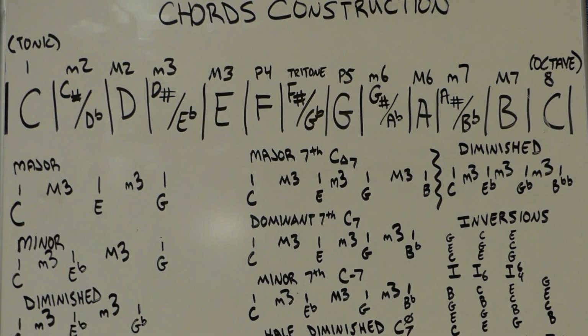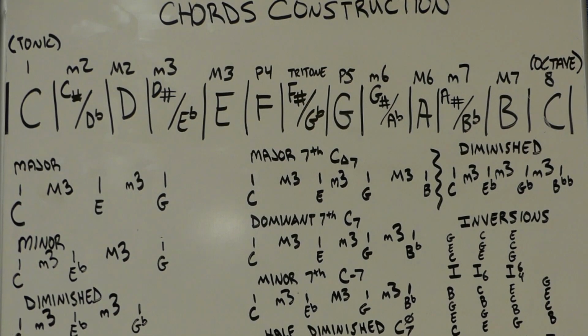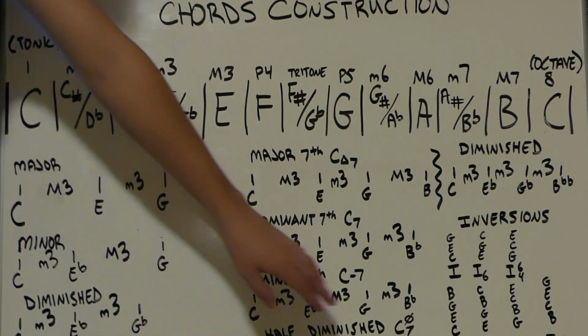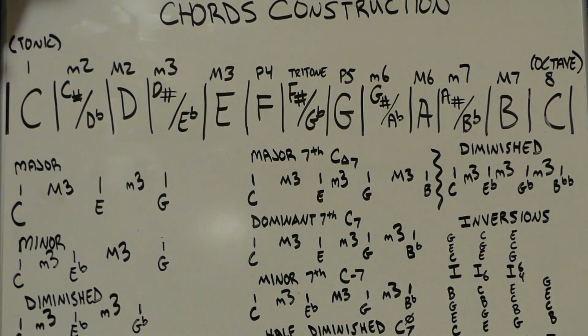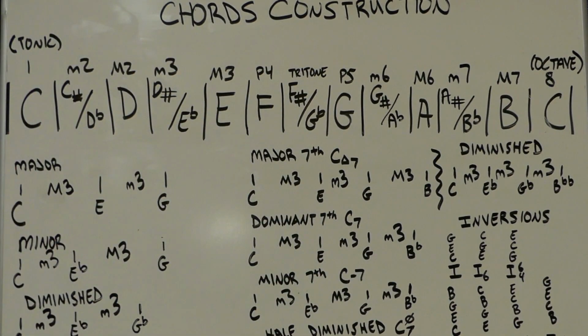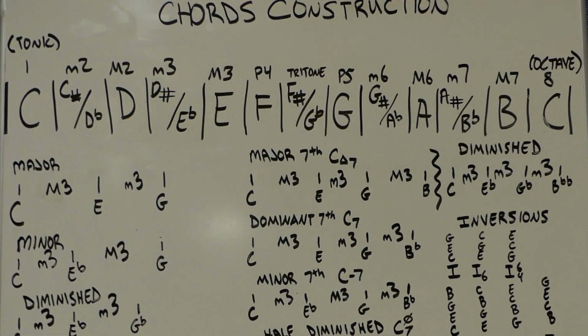Okay? Next we have the first of our two diminished chords, which is called a half-diminished chord. This is denoted by a circle with a slash through it. The symbol for a fully diminished chord is just a regular circle, but when you put that slash in it, it denotes that it's half diminished.